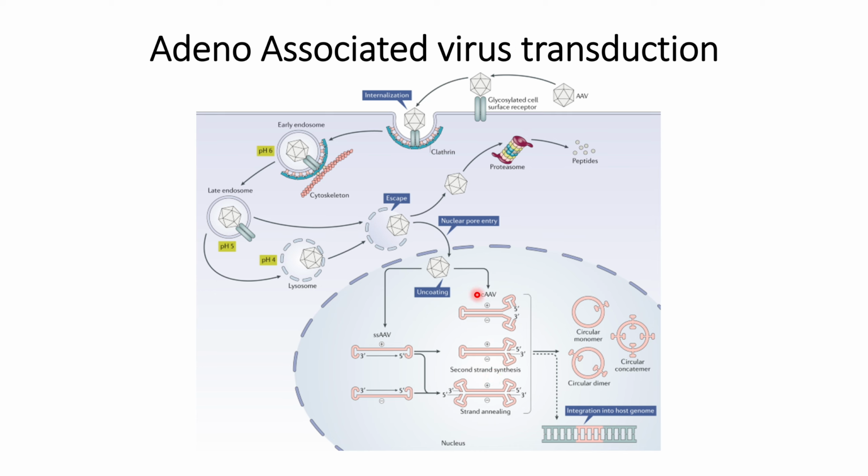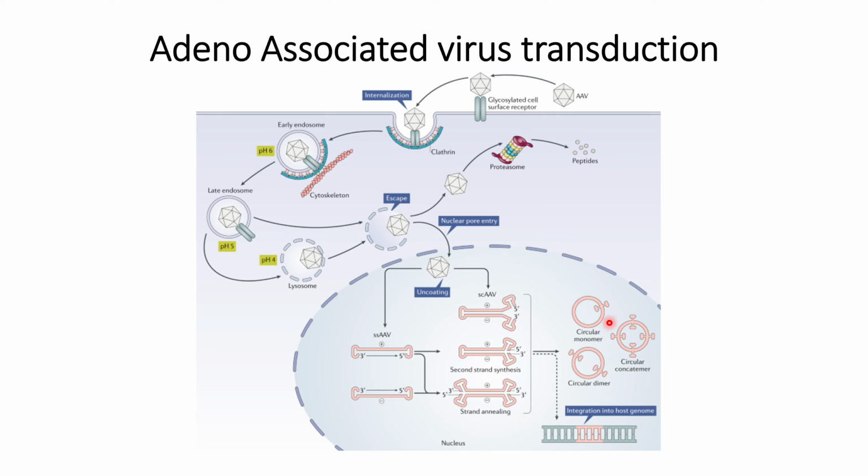In the other case, if the adeno-associated virus contains self-complementary DNA, then it has both negative and positive strands, and in that case it is ready to go for transcription and translation.